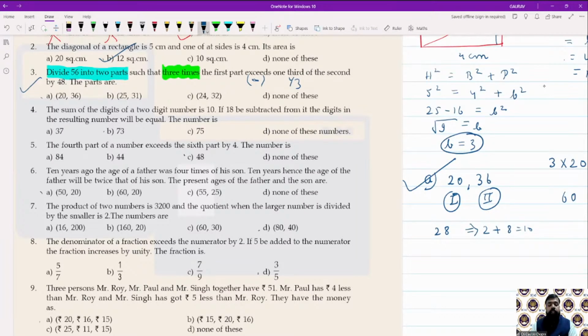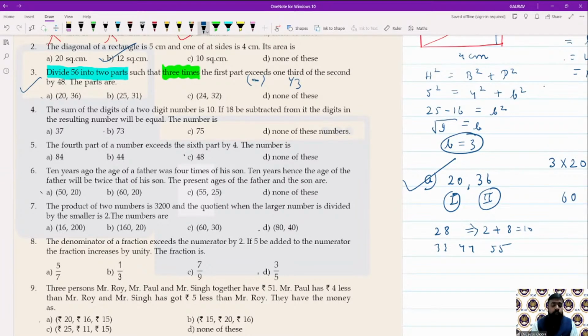If 18 is subtracted from it, the resulting number will have equal digits. That means both digits will be same, like 33, 44, 55. So we have to find the number.